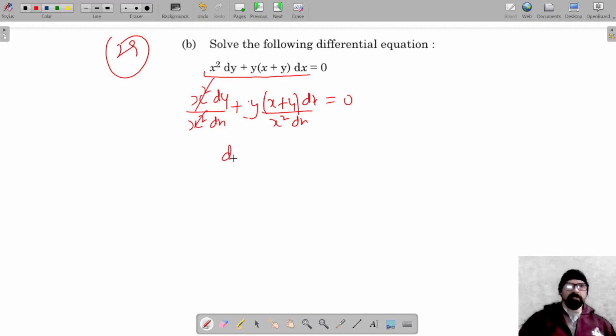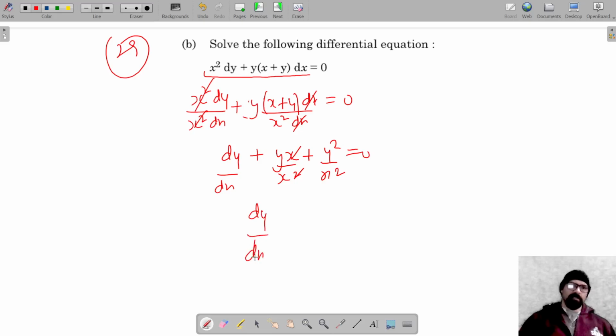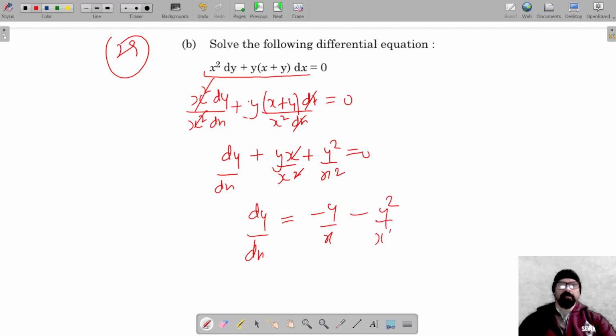This becomes dy by dx plus y on x² plus y² upon x² equal to 0. And finally it can be written as dy by dx equal to negative y upon x, let's take it to the other side, negative y upon x, negative y² upon x².